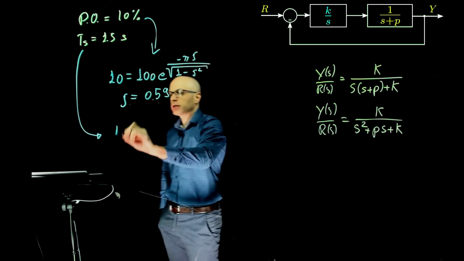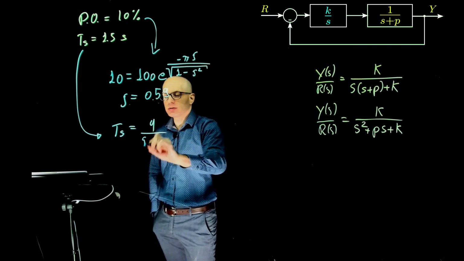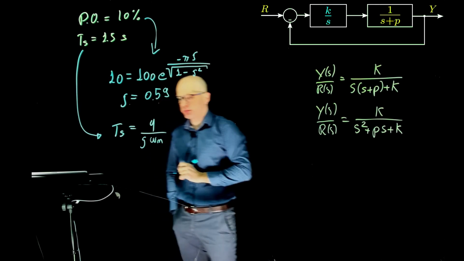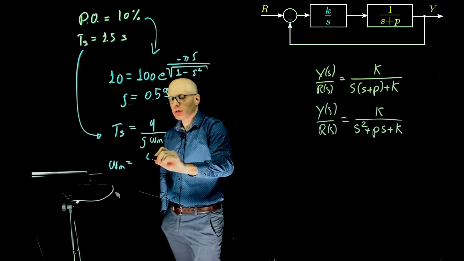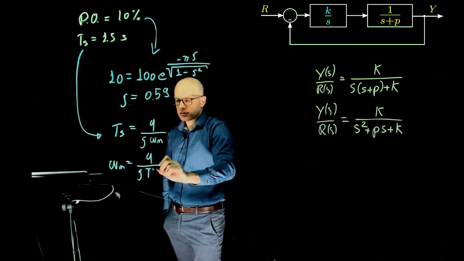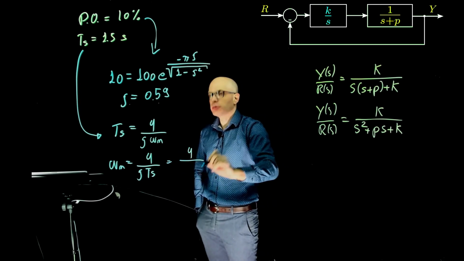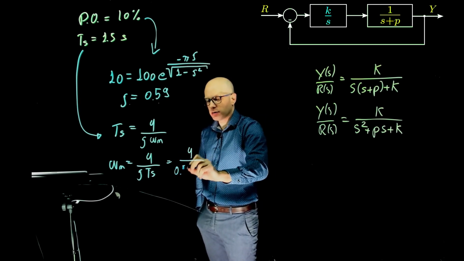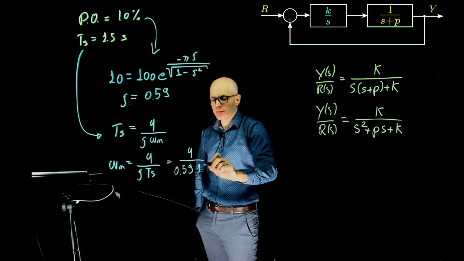We know that the settling time is 4 divided by zeta omega n, which means that omega n is 4 over zeta times Ts. And this is 4 over zeta 0.59 times Ts 1.5.